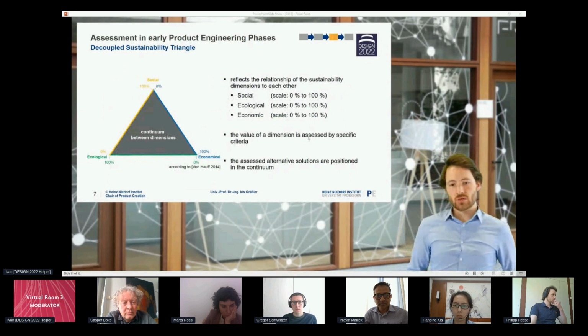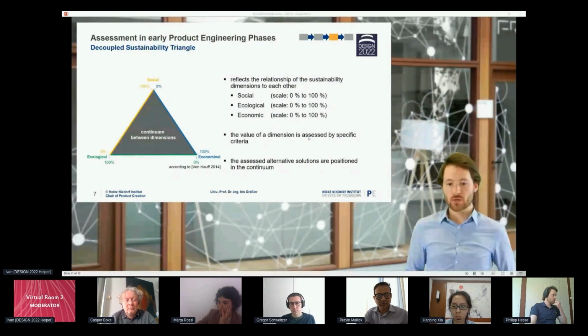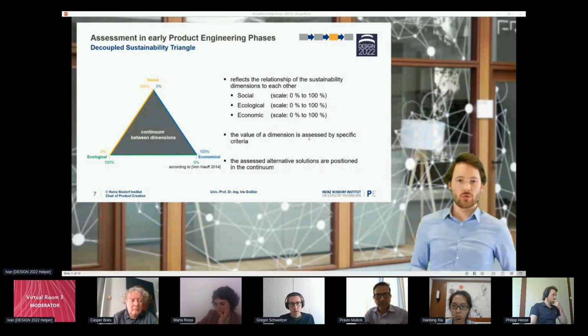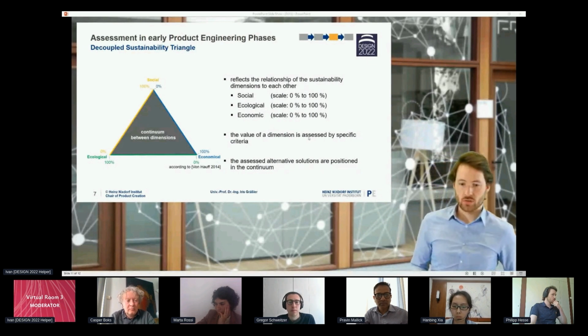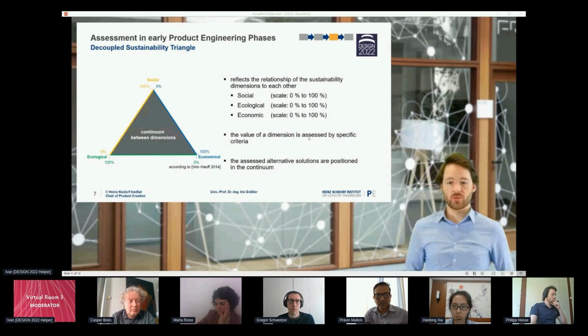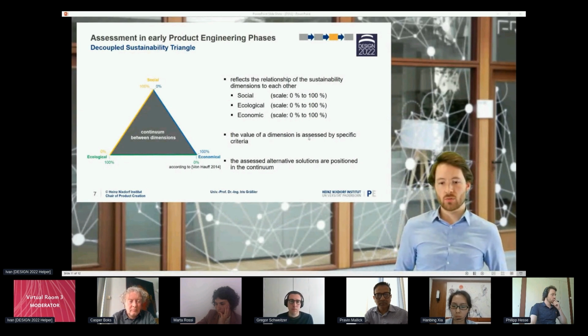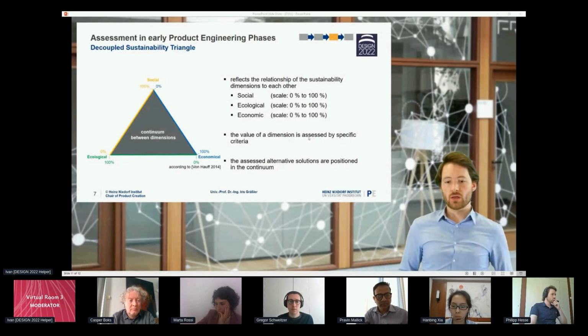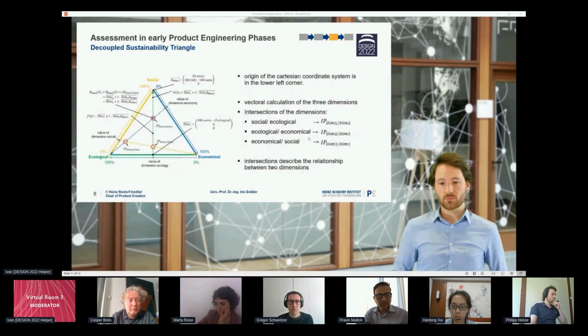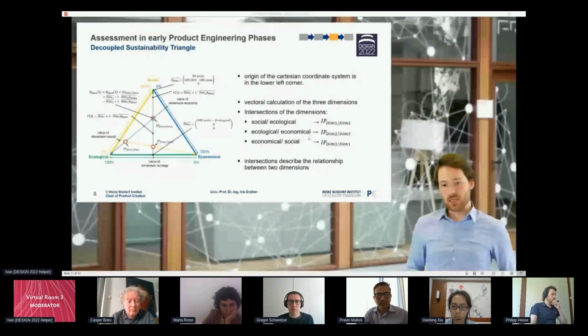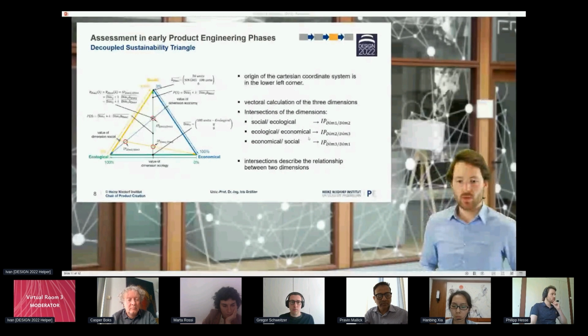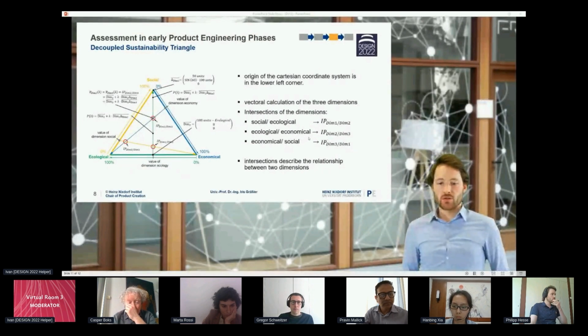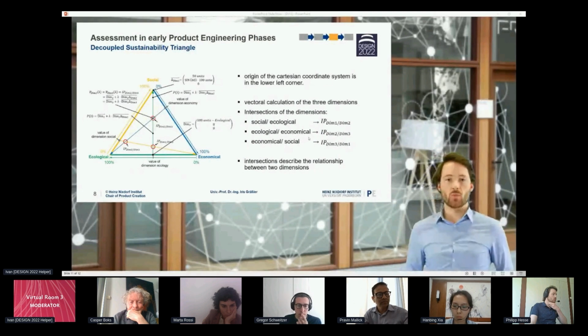So let's talk about the decoupled sustainability triangle. We have the 3 dimensions in each corner, and the value of 1 dimension goes from 0% up to 100%. And inside we have the continuum, which will be mathematically defined later. This is the calculation method. It is a very vectorial calculation, and each dimension is represented by 1 vector.